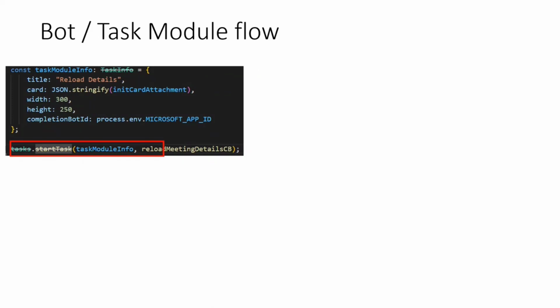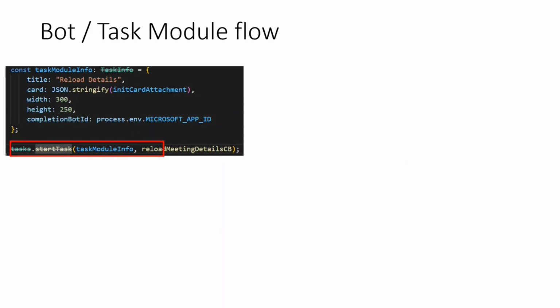Now coming back to the second part of the demo, so the task module flow, which I was showing. Not the initial part. The initial part I will explain on the next slide. So once the user presses the first button, we will start the task module here. And to be precise, I'm already working with Teams.js 2.0 version, but the start task is not yet supported.